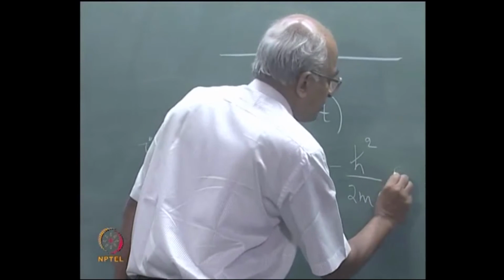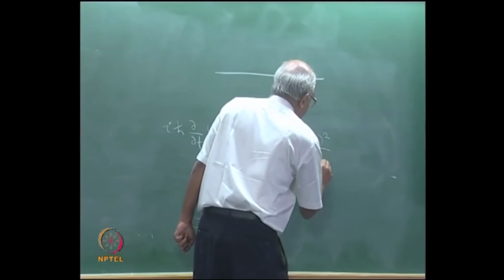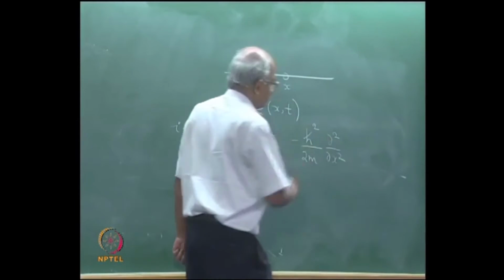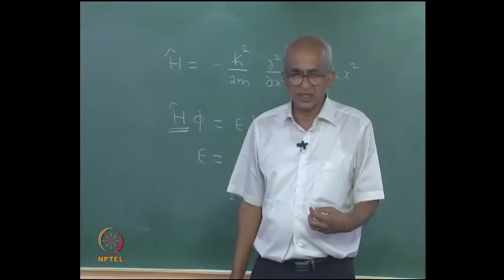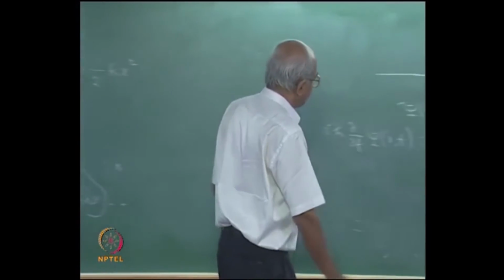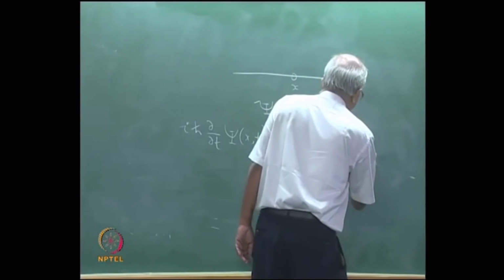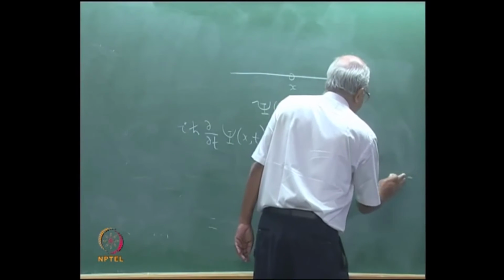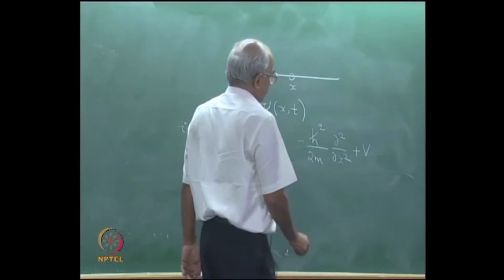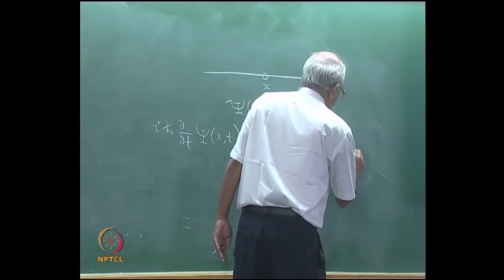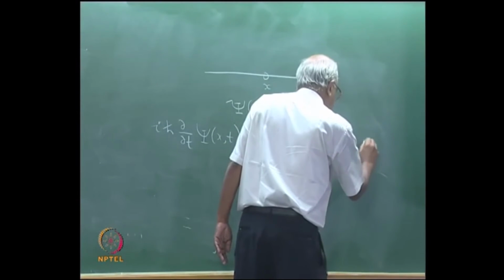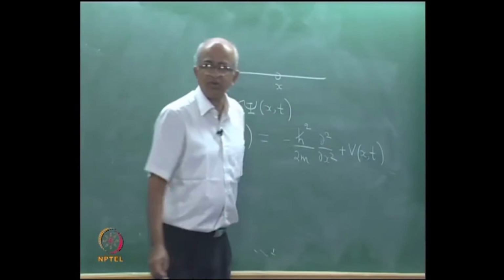Not just that, because you will have 2 differentiations with respect to x. So, this is the kinetic energy part of the Hamiltonian operator, and then in addition to that, if you denote the potential energy of the particle by the symbol V, in general V will depend upon x, and maybe it can change with time, in which case it is a function of both x and t.